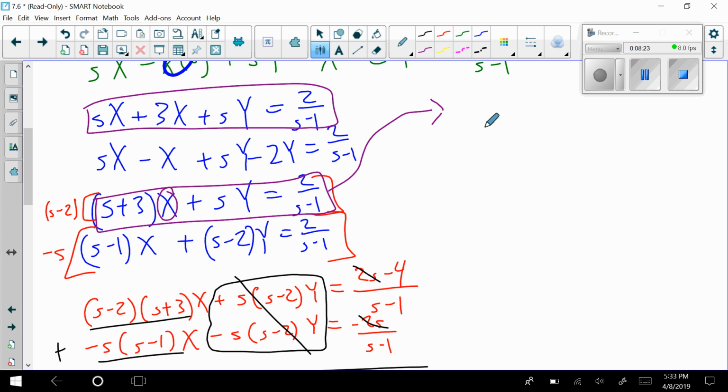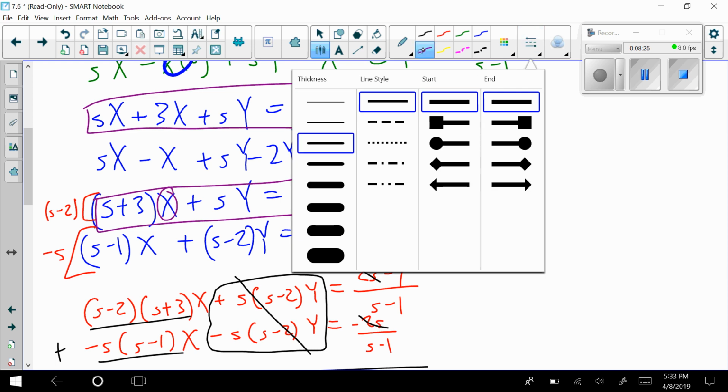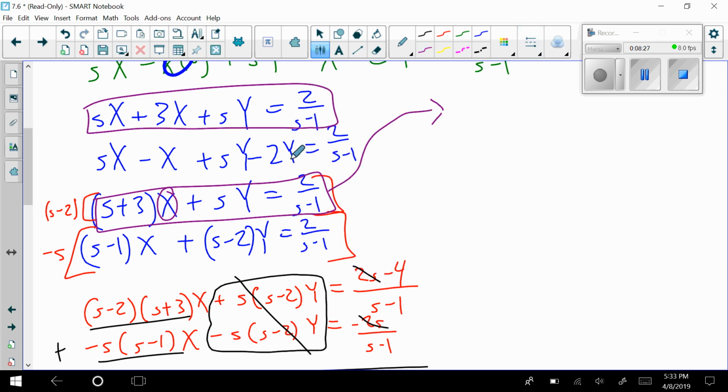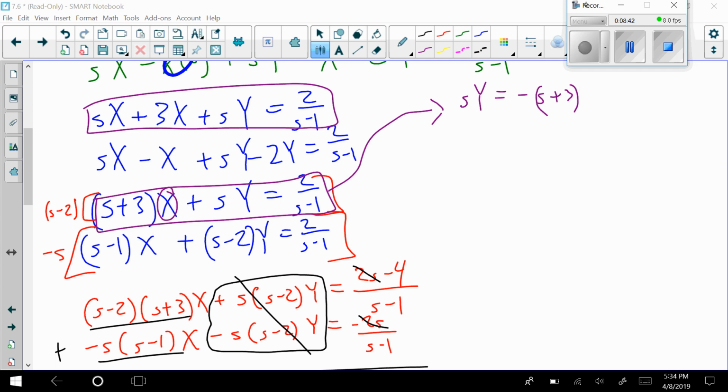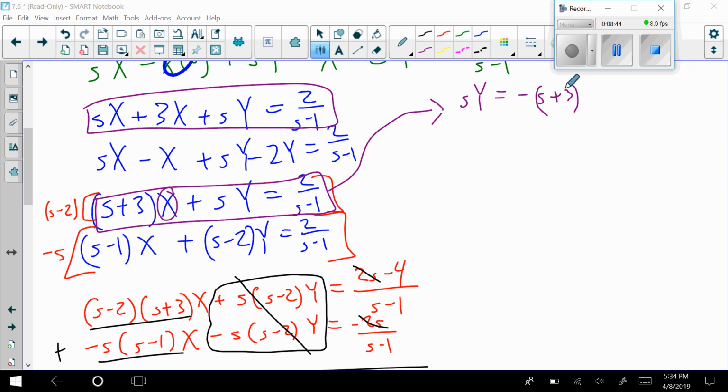If this is the equation and I want y by itself, let's get it by itself now. So that'd be s big Y equals negative s plus 3 times this x, because I brought it over, plus 2 over s minus 1.